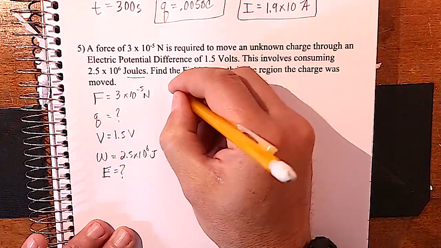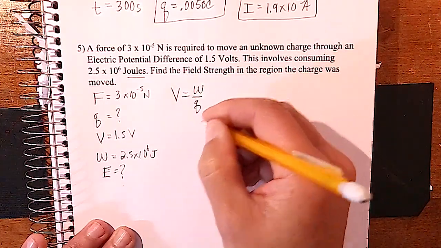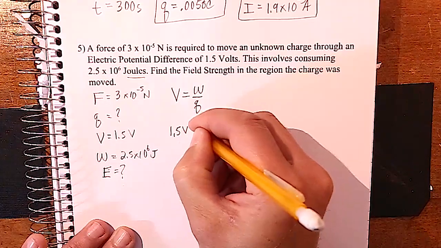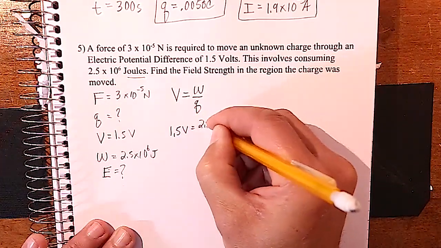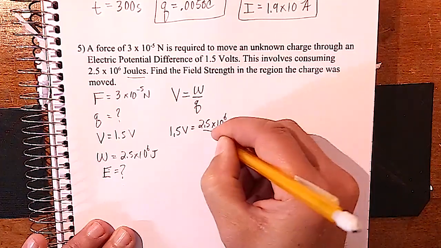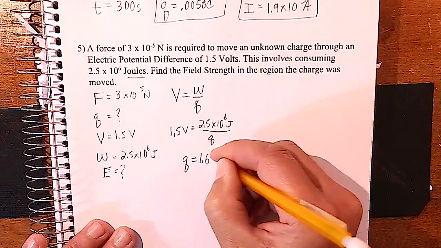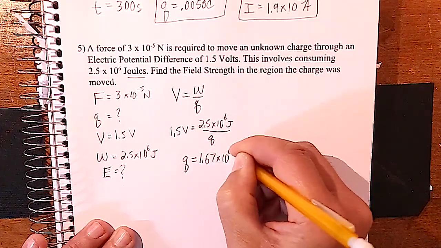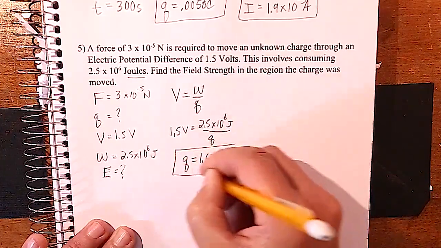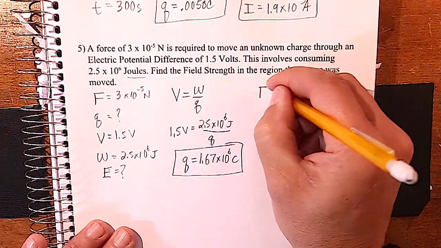So we can start out to get the charge by doing V equals W over Q. So that's 1.5 volts equals 2.5 times 10 to the 6th joules divided by Q, and our Q comes out to 1.67 times 10 to the 6th coulombs. So we answered the first question, but now we need to find the electric field.